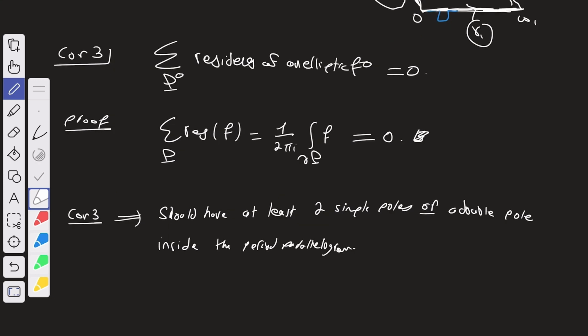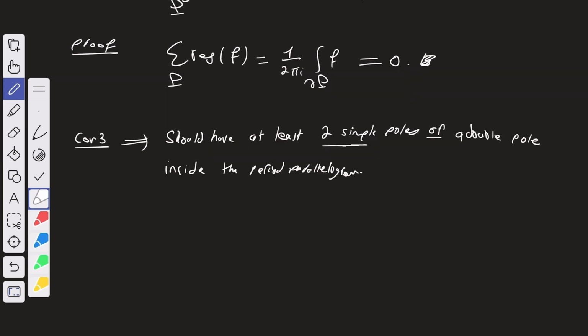And why is that? Because it can't have just one simple pole, because the residue won't be 0 in that case. So it needs to have 2 simple poles that cancel each other's residues, or a double pole in each parallelogram.